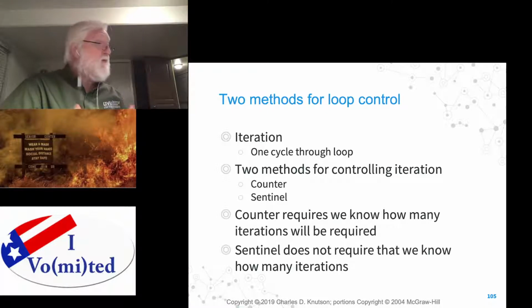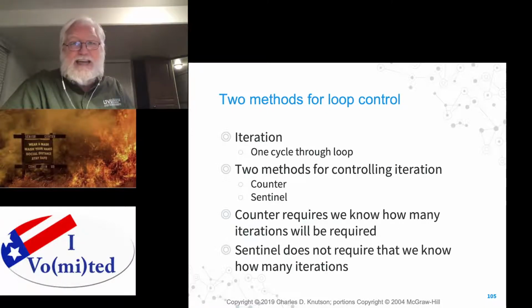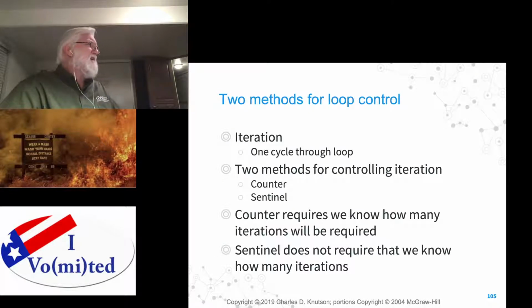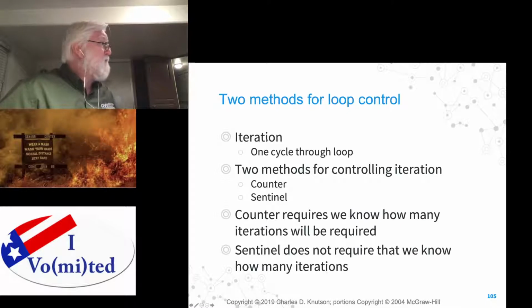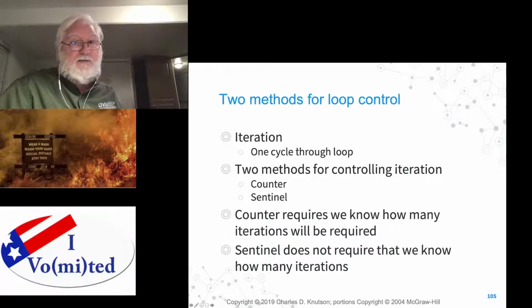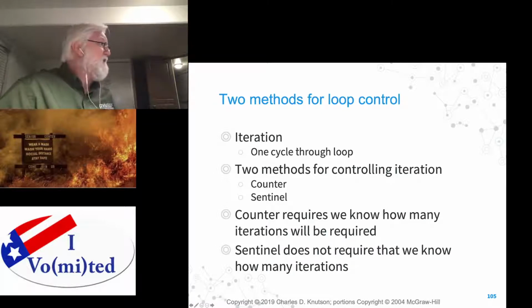Each time through is referred to as an iteration. So it's a little bit ambiguous that the process is called iteration and one time through is called an iteration. How many iterations? I don't know why. That is a term that we use in the field, so you need to know that term.